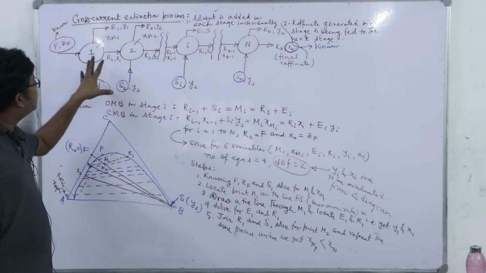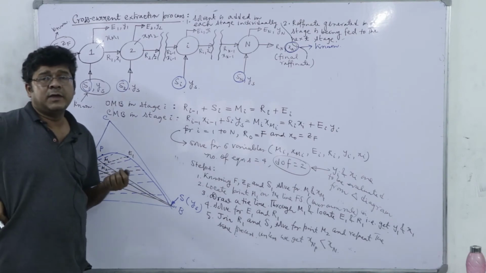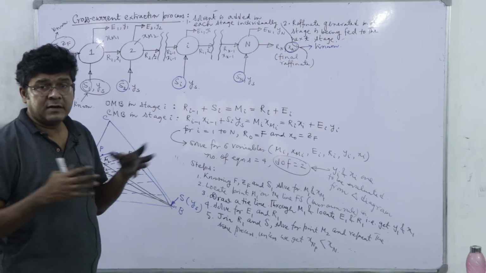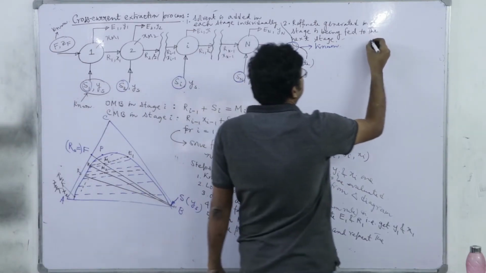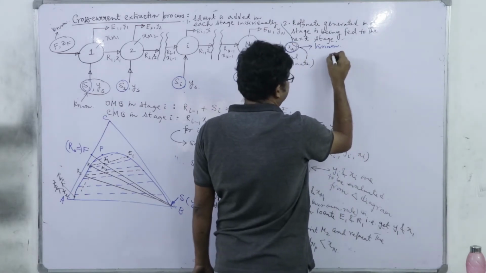So, this is about the cross current extraction system, but the same idea we can extend if the system is immiscible, the carrier and the solvent, they are immiscible in the cross current extraction problem.